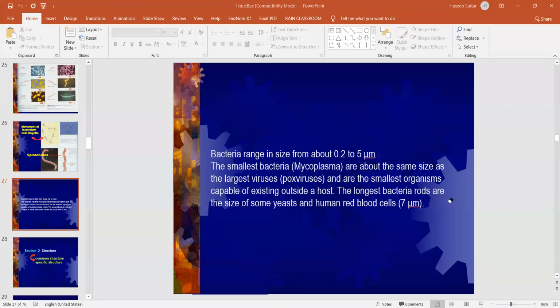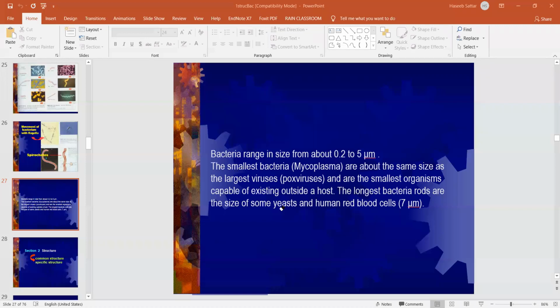And the largest bacteria is actually the bacilli. That's why we call them the longest. The bacilli are also known as rod bacteria because they are rod shaped. They have a size of about 7 micron, and our RBCs and yeast cells come within this range.